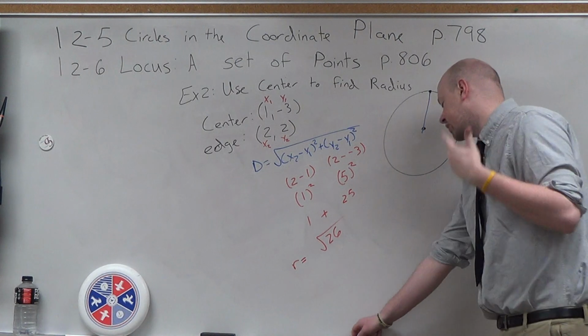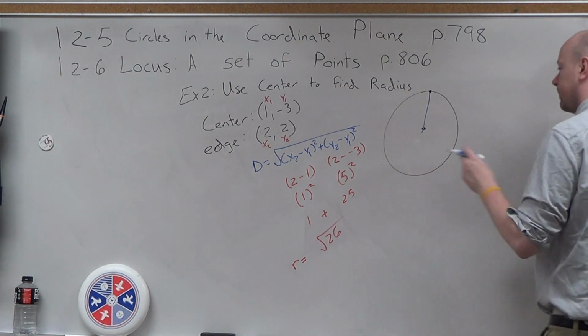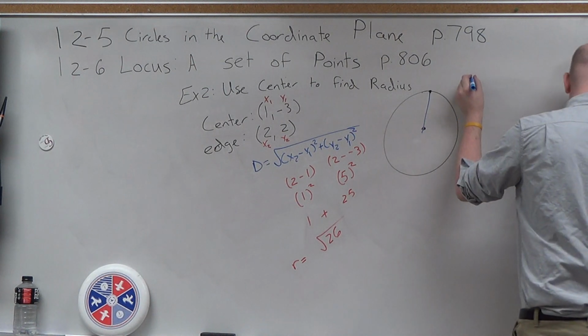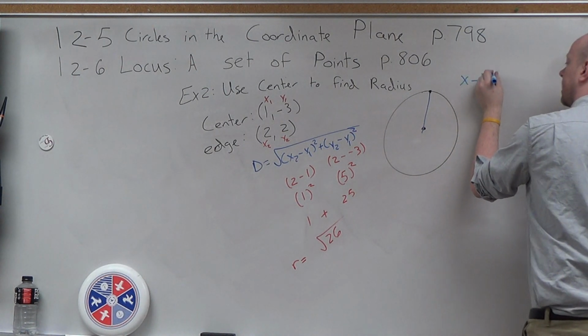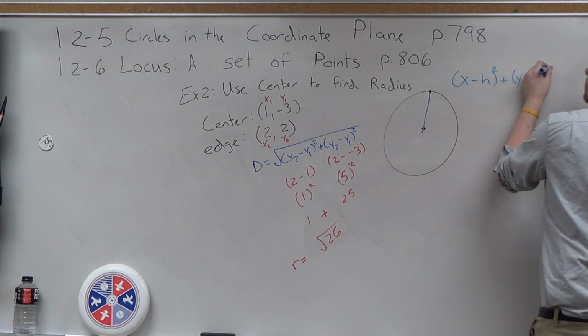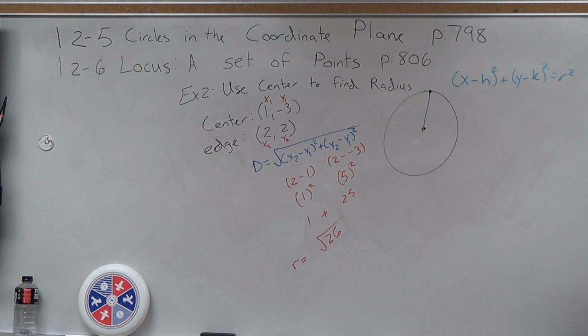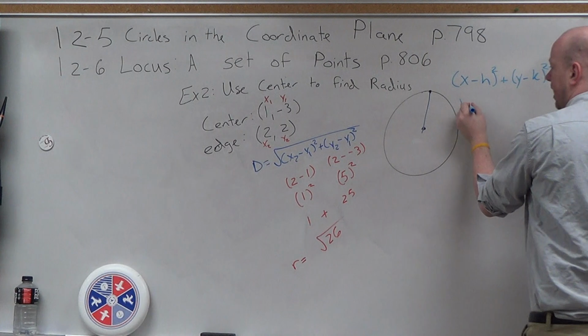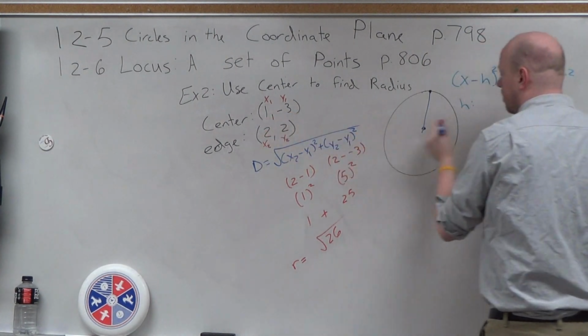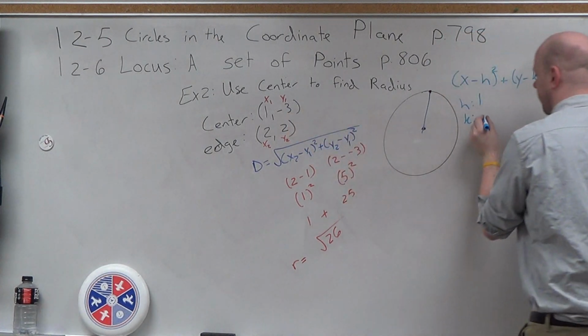So now all we have to do is write an equation for our circle. Again, x minus h squared plus y minus k squared equals r squared, where, if h and k are my center, my h has to be 1 and my k has to be -3.